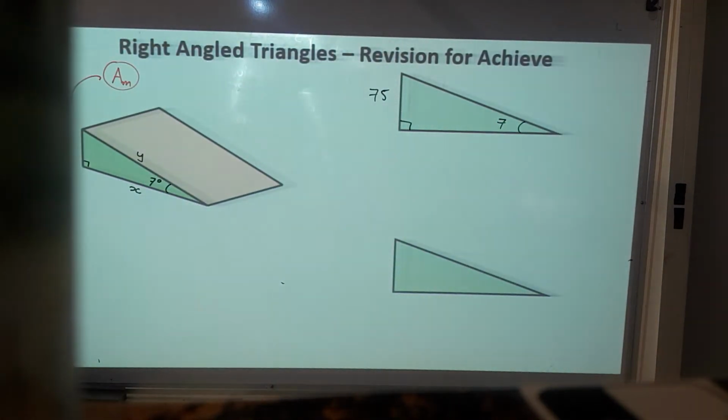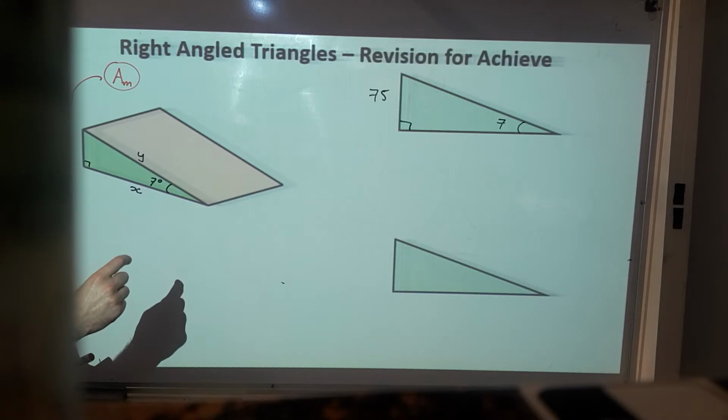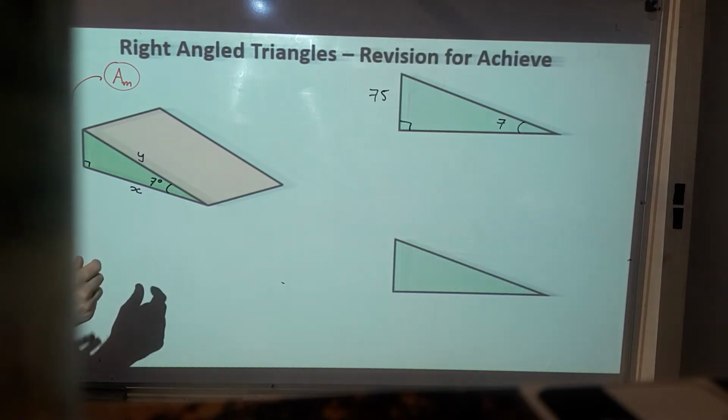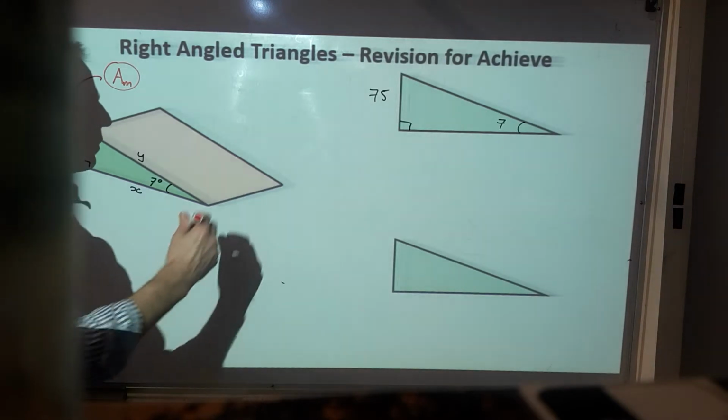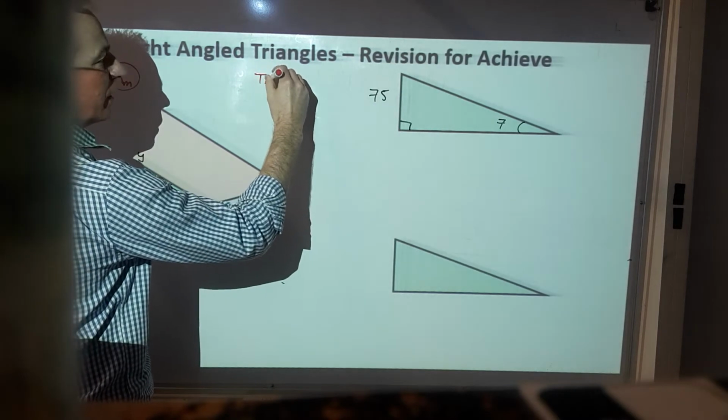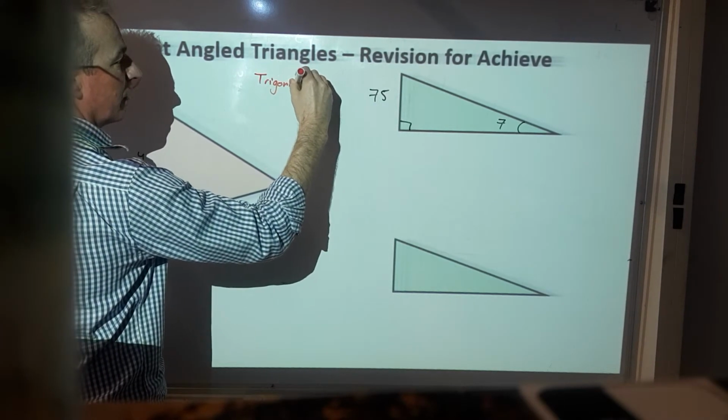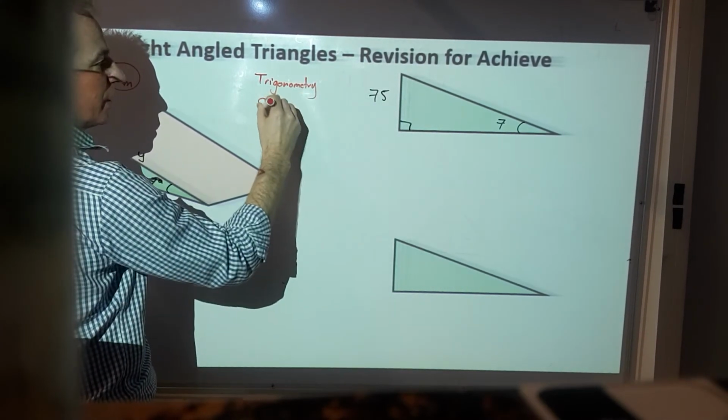As you can see, we've got one distance and an angle. Anything that involves an angle means we need to use trigonometry and SOHCAHTOA.